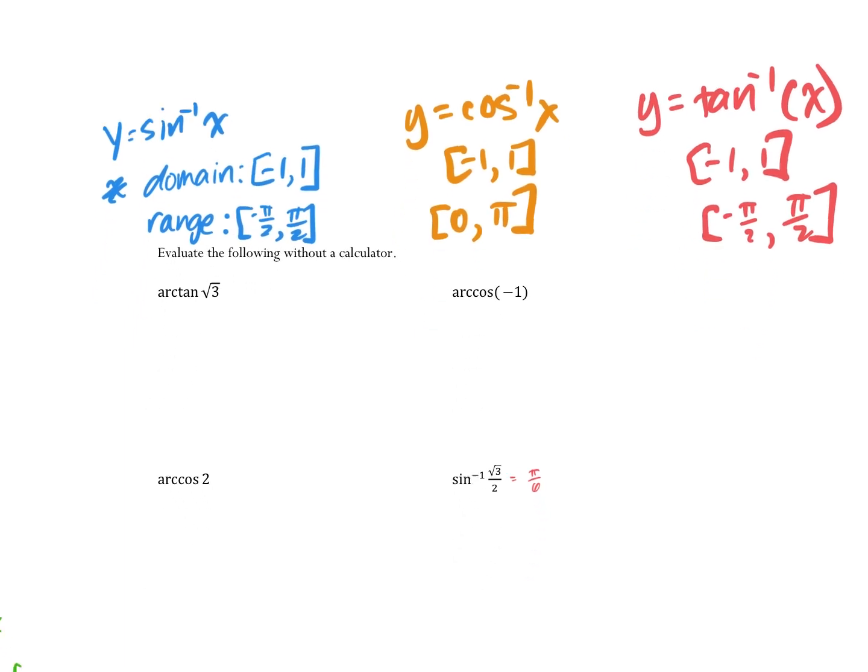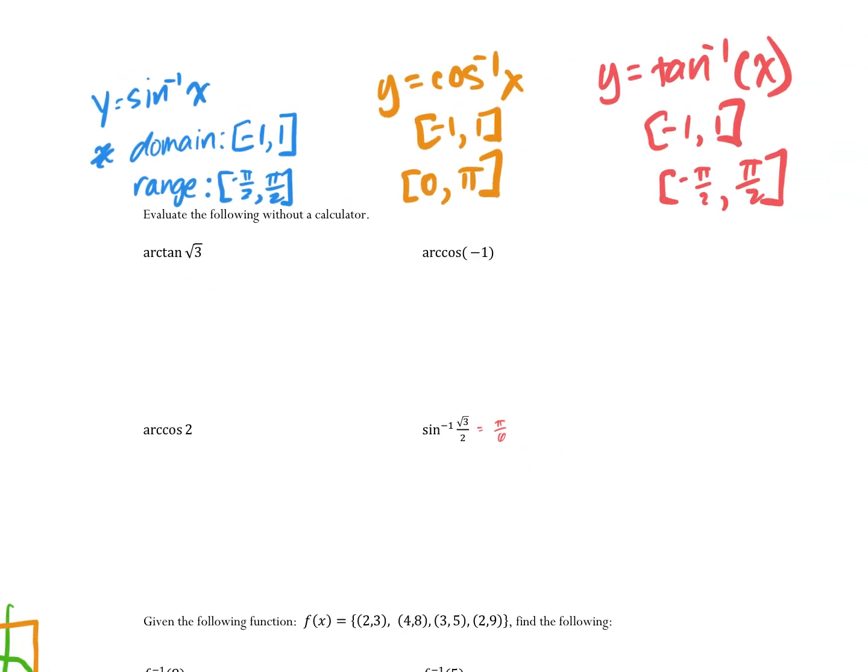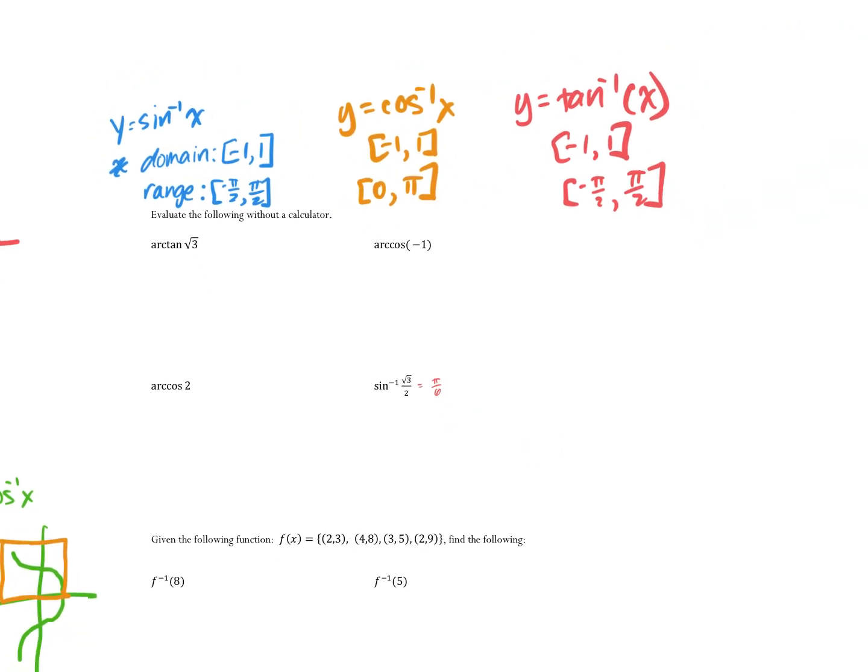All right, so what is the arctangent of square root of 3? π/6? What about arc cosine of 2?